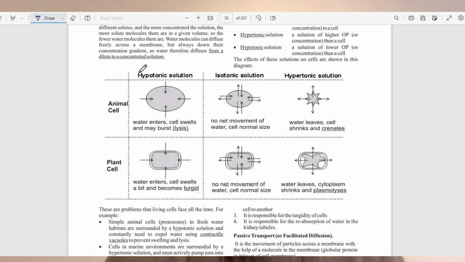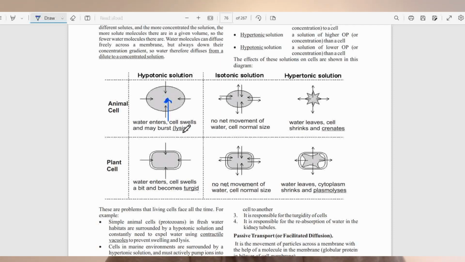The first one here, hypotonic solution. So the solution concentration is lower than that of the cell. In that case, water will move into the higher concentration, which is within the cell.